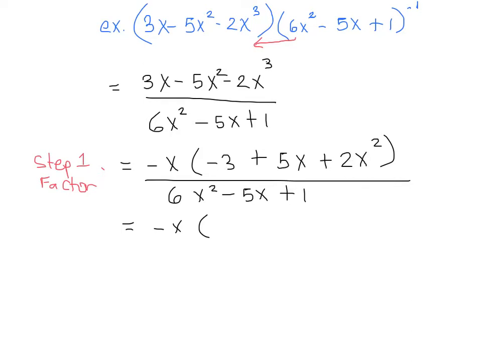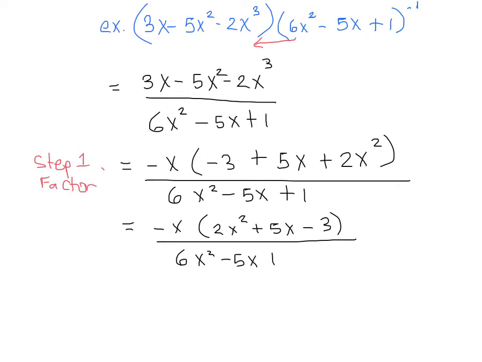Ax squared plus bx plus c. That's the way we're used to seeing it. All right, so we have 2x squared plus 5x minus 3 over 6x squared minus 5x plus 1, and all I'm doing is rewriting once again. And now we are ready to finish factoring.